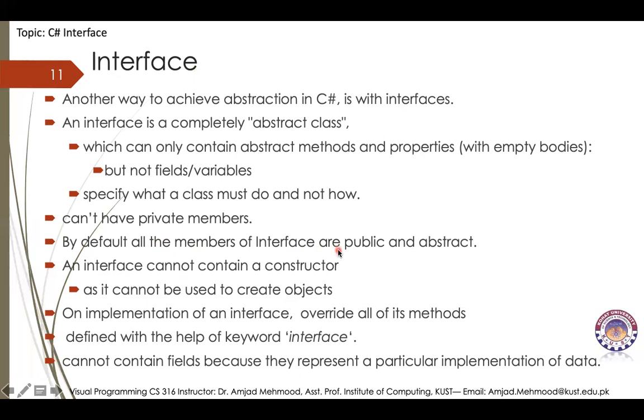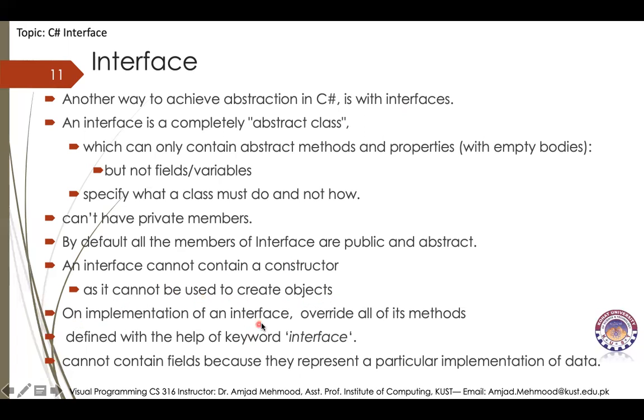You need not define it, and they are abstract as well, meaning they do not have a definition. And interfaces cannot contain a constructor. Normally, as you know, in an abstract class you have a constructor, but an interface cannot have a constructor, as it cannot be used to create objects.